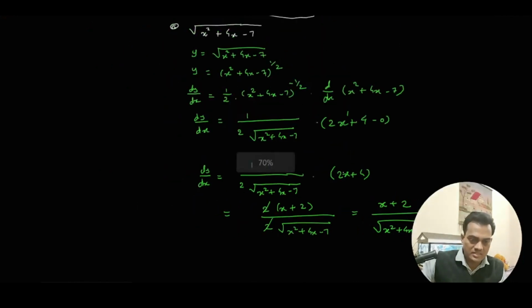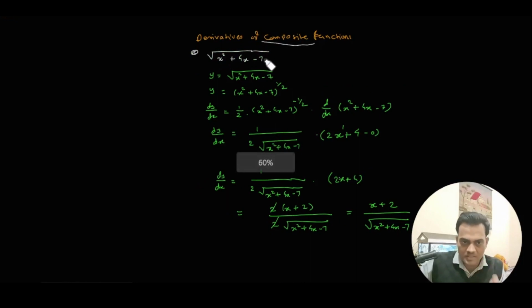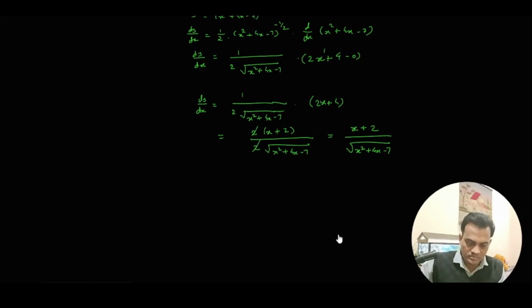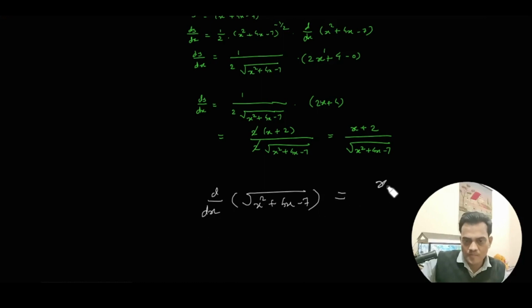So ultimately, the derivative of the square root of x square plus 4x minus 7 with respect to x is x plus 2 divided by the square root of x square plus 4x minus 7, or it can also be written as dy by dx. So this is our final output.